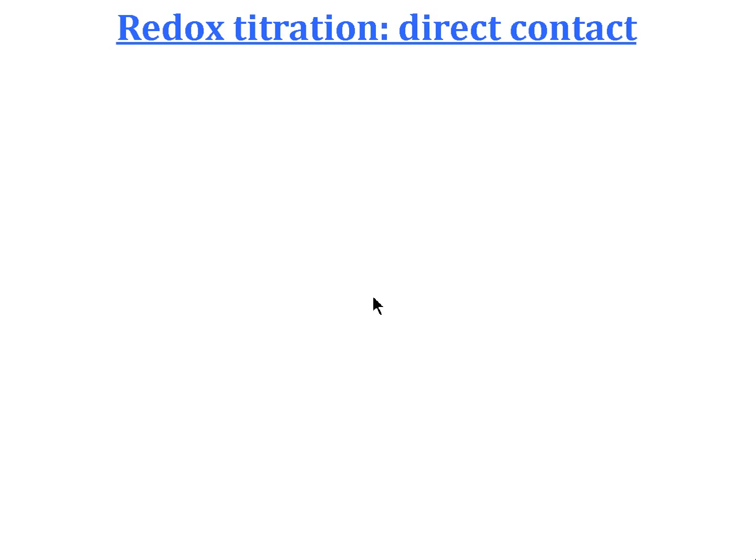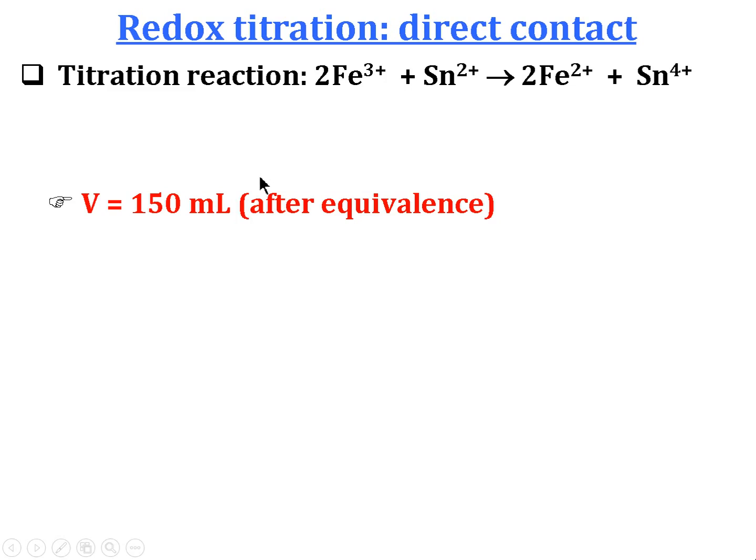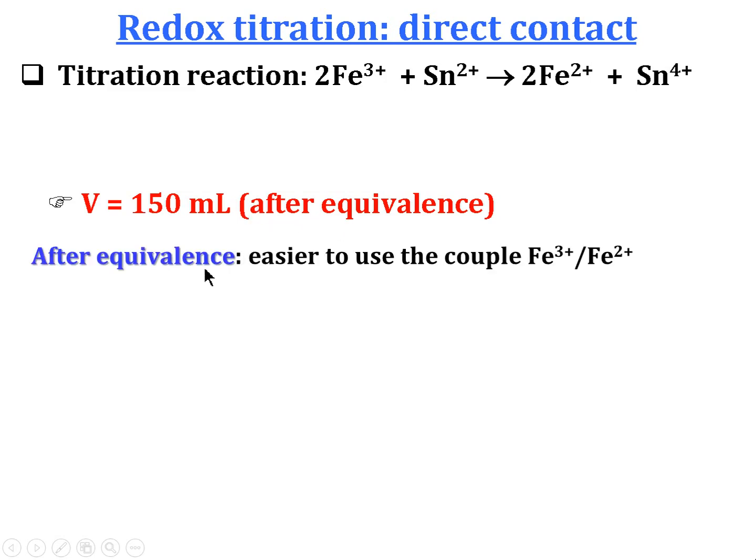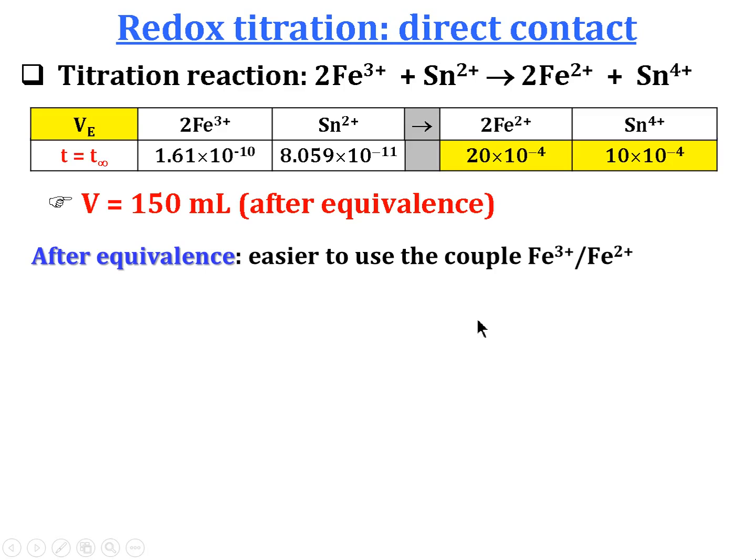Calculate the electrode potential, or the potential of the solution, after the addition of 150 milliliters. This volume is after equivalence. So after equivalence, it's easier to use the couple Fe3+/Fe2+, since Fe2+ is formed at V equivalence and Fe3+ will be in excess.